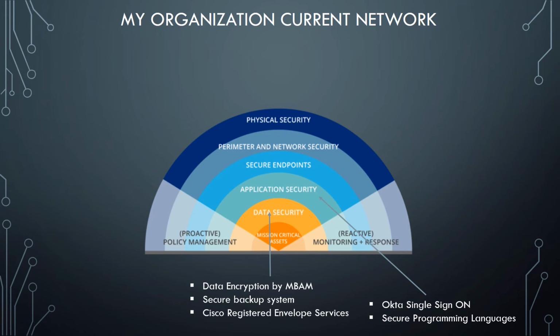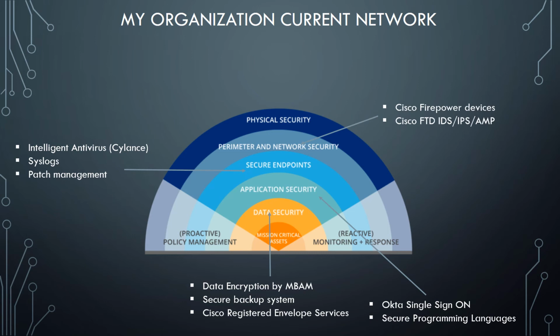We have secure programming languages for the .NET frameworks. And for secure endpoints, we have the intelligent antivirus, Silence, which acts based on the behavior of users. We have the syslogs, and we have proper patch management of the endpoints.